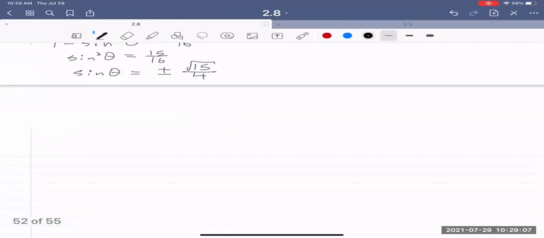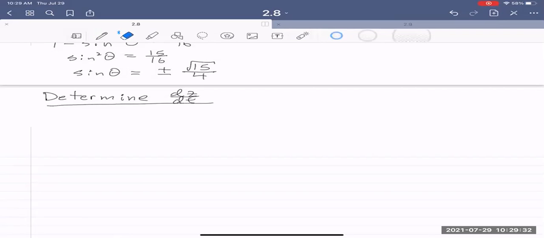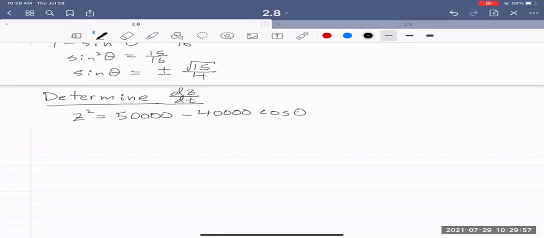So let's try to determine dz/dt. Let's differentiate z squared equals 50,000 minus 40,000 cosine theta.